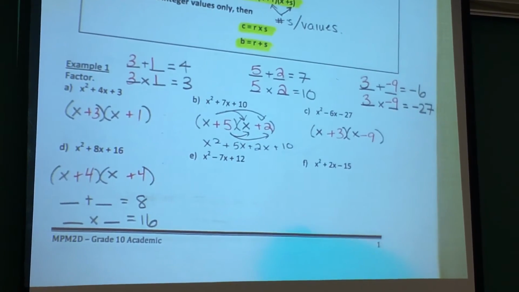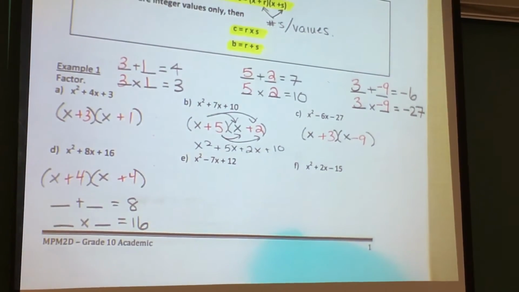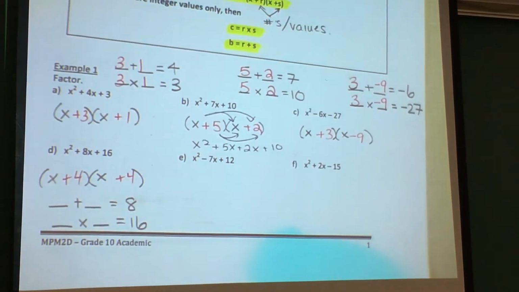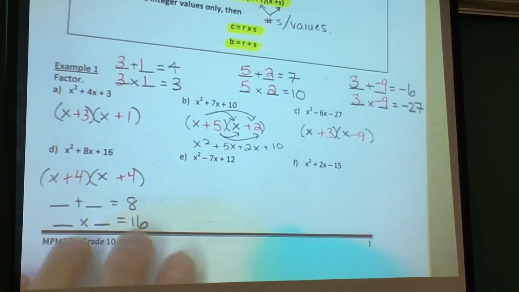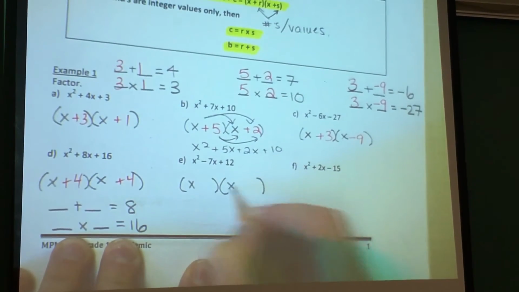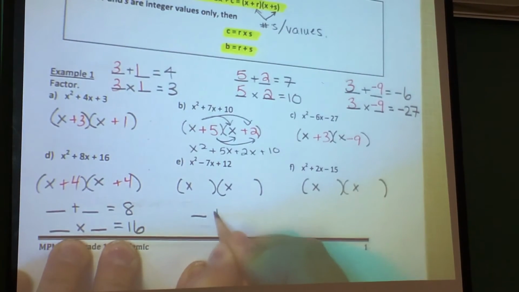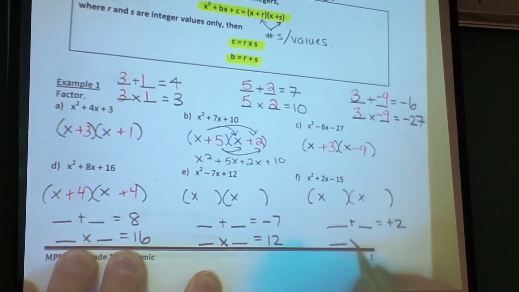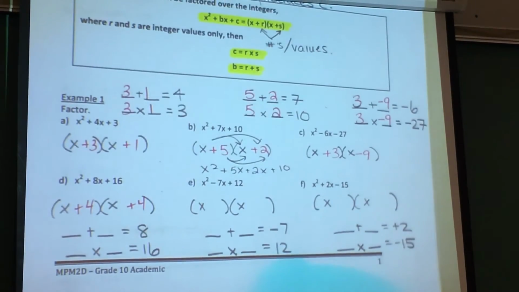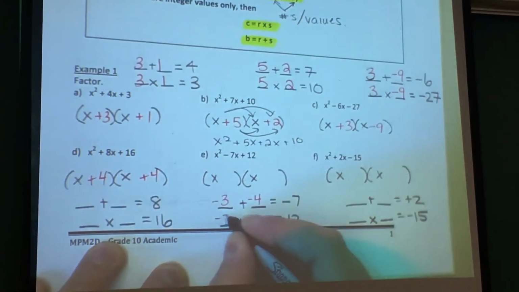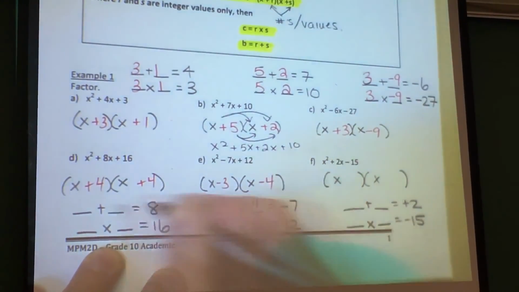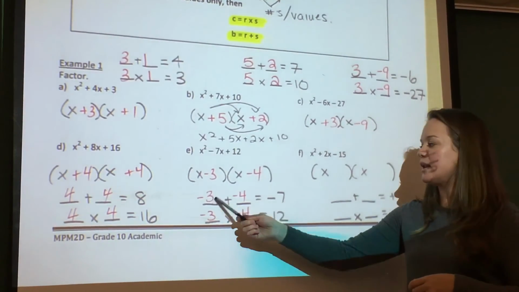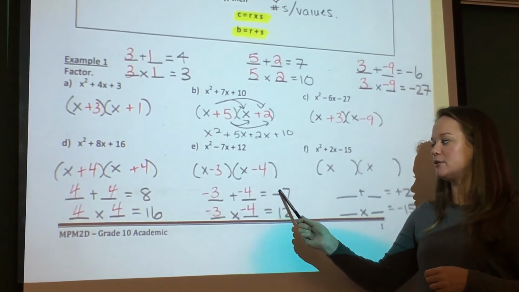-3 and -4. Okay, so for this one, E, notice that even though we have a negative and a negative, that works for subtraction, because negative 3 minus another 4 is going to give us negative 7.